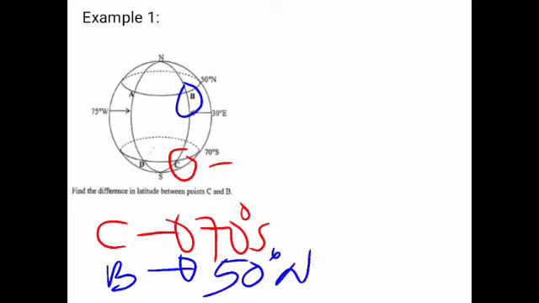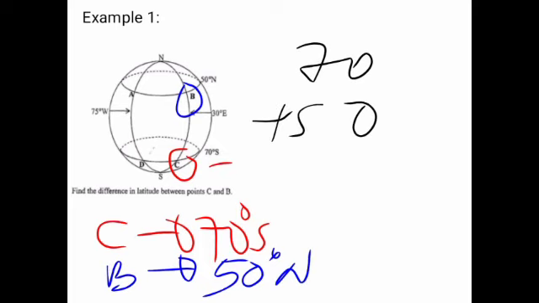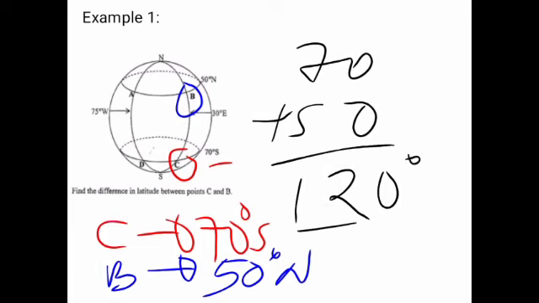Okay, so the fact that we've discovered that they are heading in different directions, what do we need to do? We basically need to add them. So 70 plus 50, we are going to get 120 degrees. That will be the difference between the 2 points C and B.